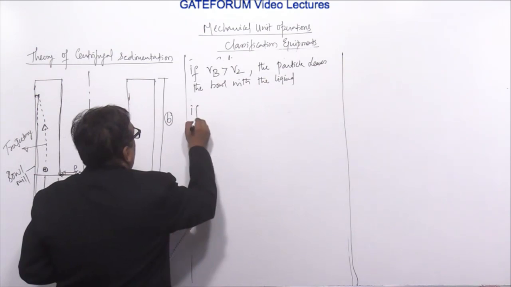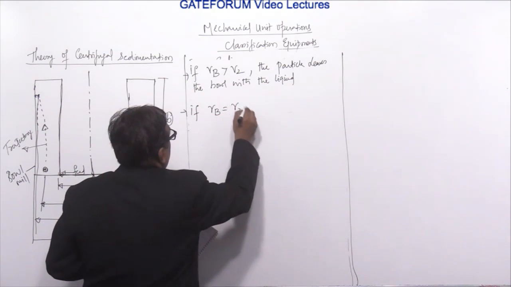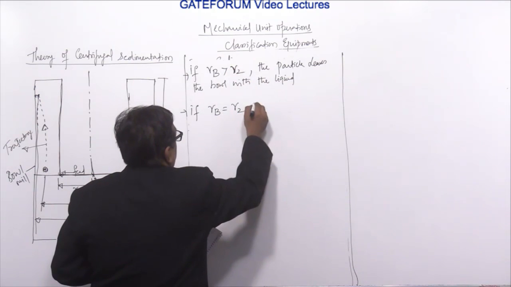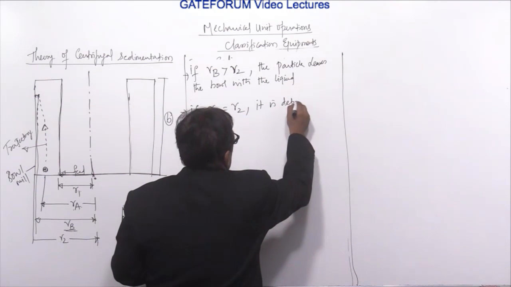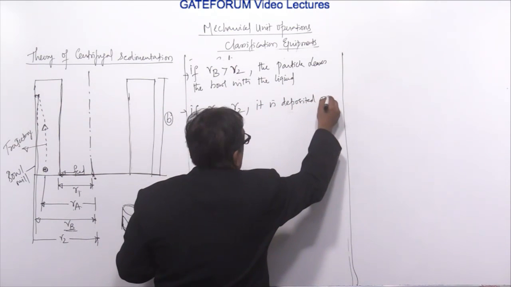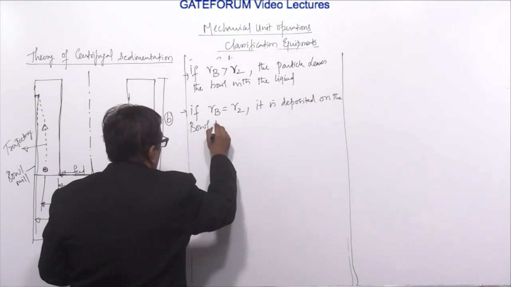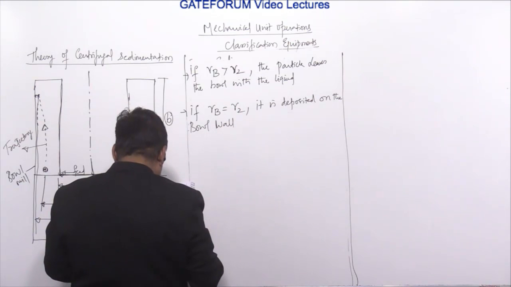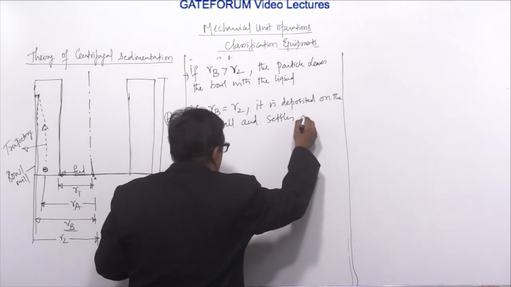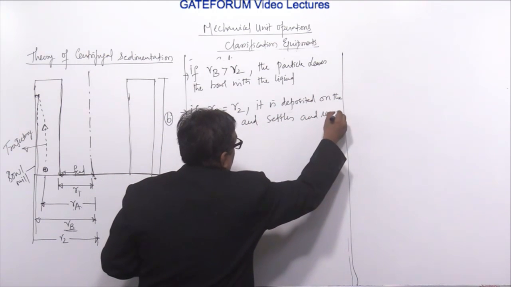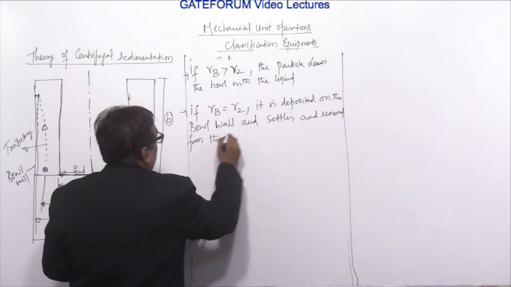So if RB is equal to R2, then it is deposited on the bowl wall, settles and is removed from the liquid. So that is the concept.